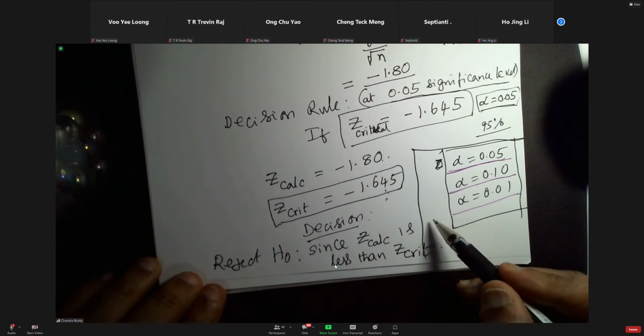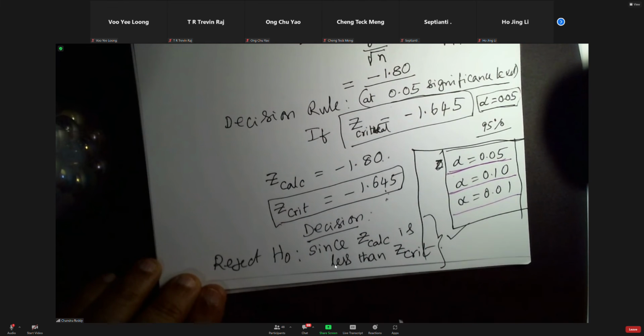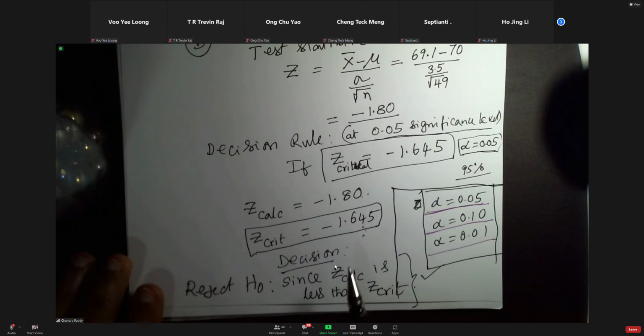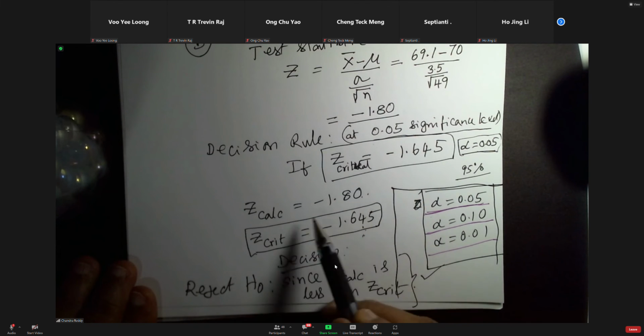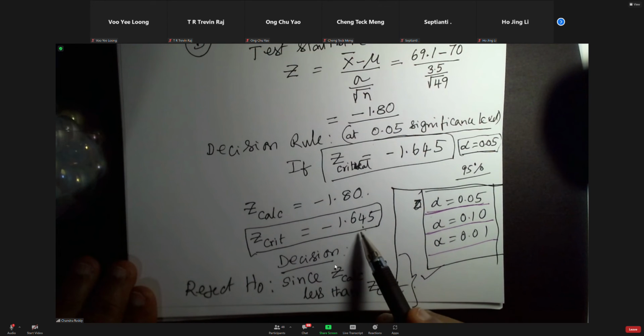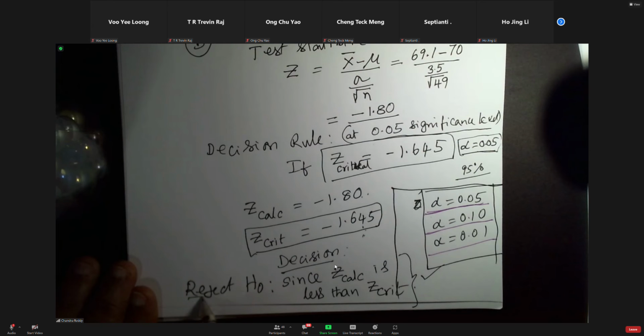If you write this much, that's good enough. So in this case, the decision is to reject the null hypothesis because the calculated value is negative 1.80, whereas the critical value is negative 1.645. So since the calculated value is less than the critical value, we reject the null hypothesis.